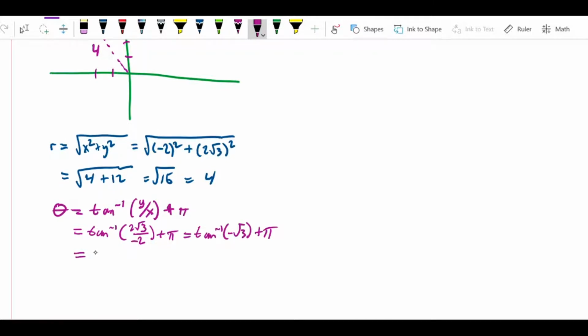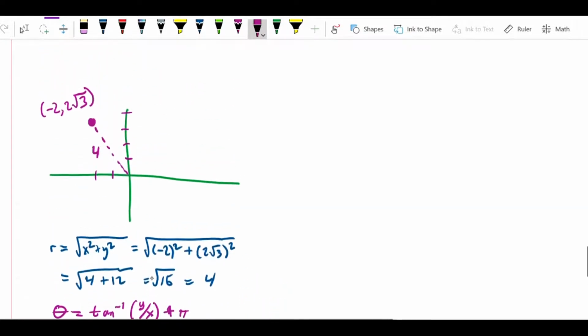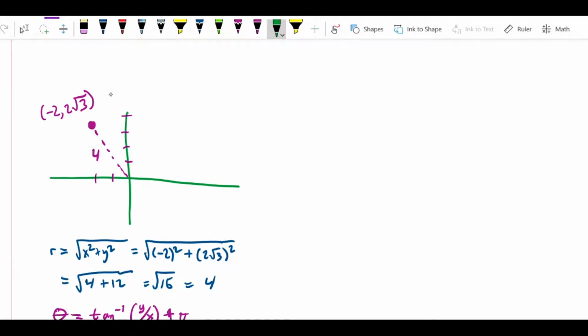Arctangent of negative root 3 is negative pi over 3, and adding pi to that, you get 2 pi over 3. So that's the angle. So this point in polar form is 4 comma 2 pi over 3.